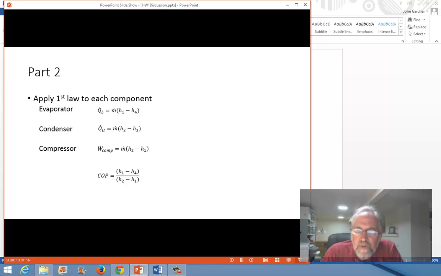There's another point I wanted to make. These equations are very simple equations. They come from the first law analysis. But if you remember from thermodynamics, the true energy balance of a system has other components. They've got potential energy, change in height against the gravitational field. They've got kinetic energy, the V squared over 2. We are ignoring those.